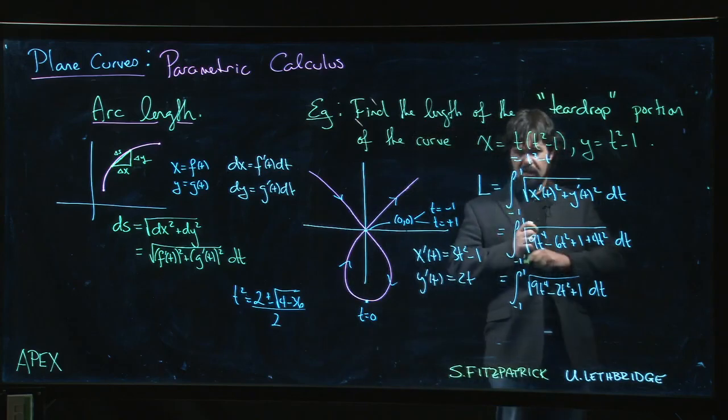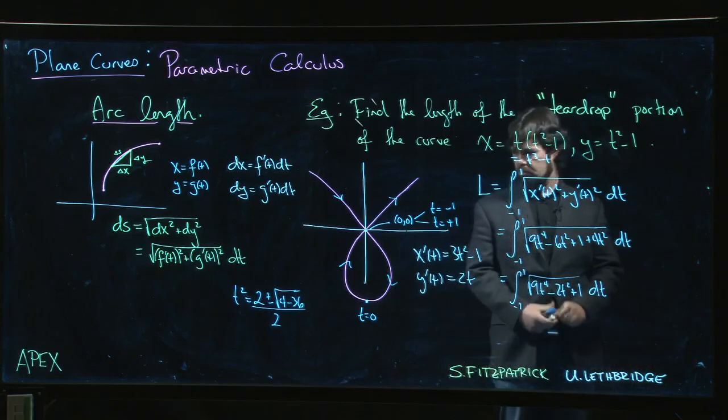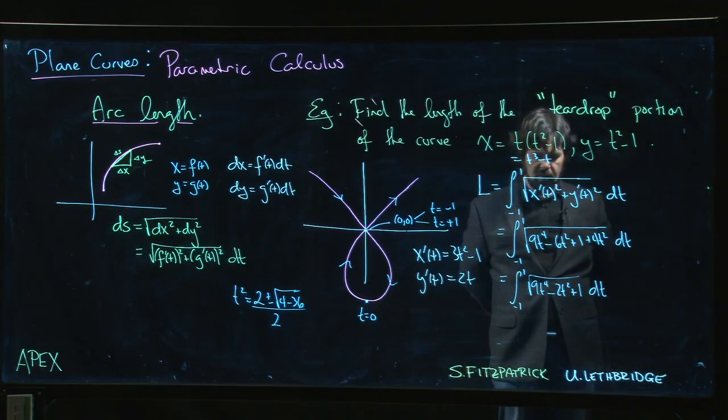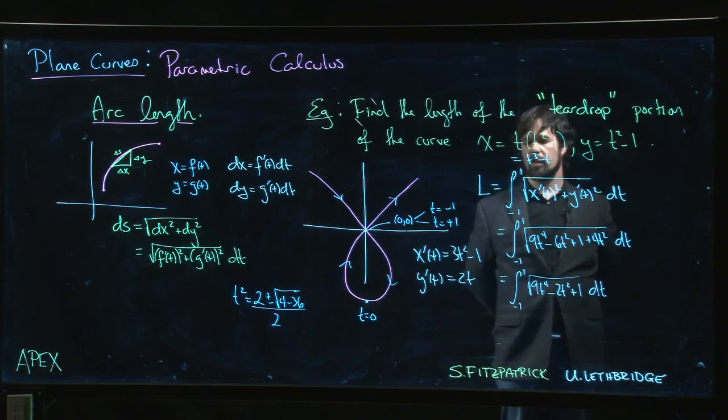Which leaves me with an integral that I can't necessarily evaluate. At least I can set it up. But if I wanted to evaluate it, I probably have to use numerical methods. I'm going to have to ask the computer. Either that, or I've made a mistake in my algebra somewhere, but I don't think I have. I think the only way we can actually evaluate this thing is numerically.